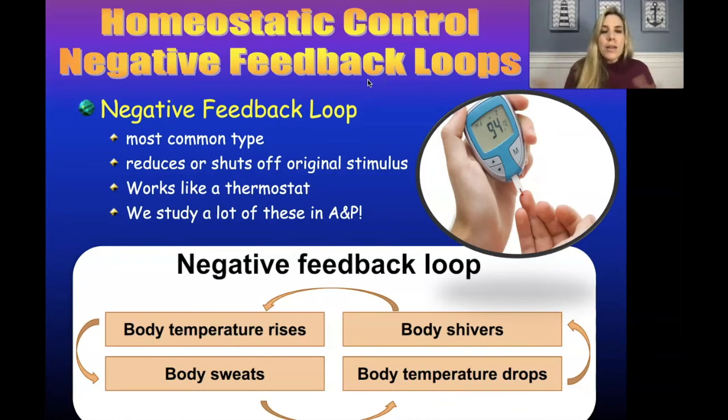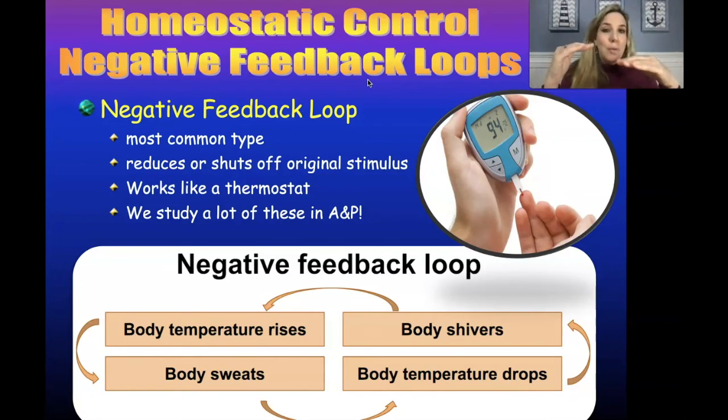In negative feedback mechanisms, it's just like what we saw there: something changes, a message is sent saying something's wrong, interpretation is, okay, it's wrong, let's fix it, and a change happens that sends it back to where it's supposed to be. A good way to think about this is the thermostat in your house. The thermostat would be like the control center, like your brain. It's going to make an interpretation and cause an output response to happen.